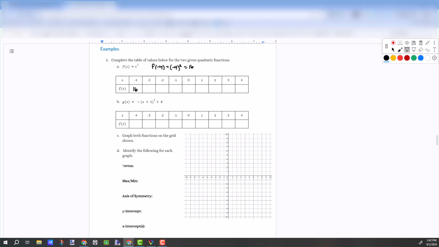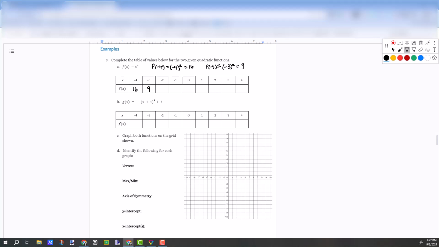Let's do the same thing for -3. F of -3 equals -3 squared, which equals, because it's multiplying two negatives together again, we get the positive 9.